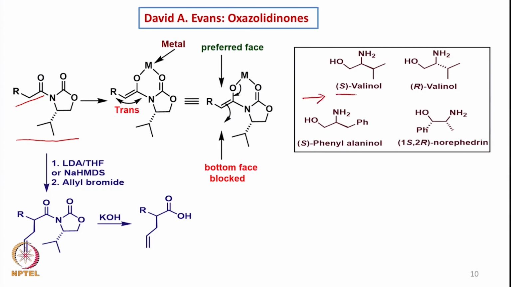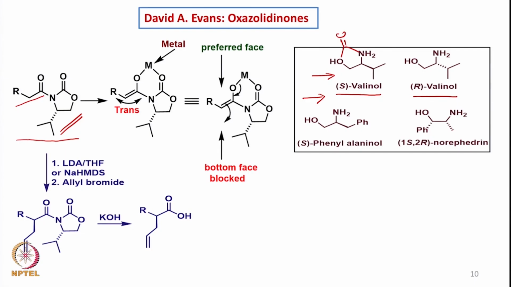If you start with S-valinol or R-valinol, then as you can see from here, this particular auxiliary which is shown here is prepared from this particular S-valinol, and if we convert this oxygen and nitrogen and make it a carbonyl group here, then of course we get an auxiliary like this.